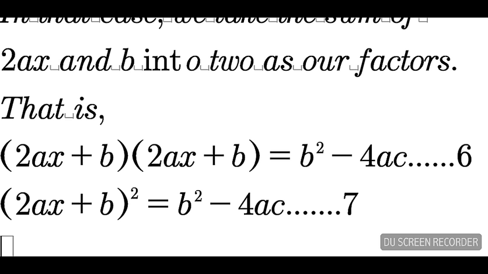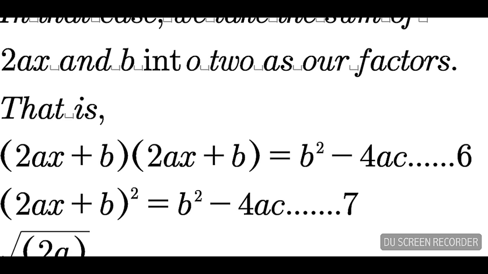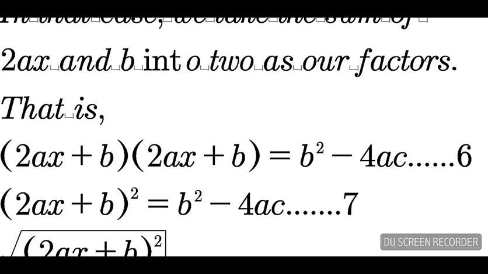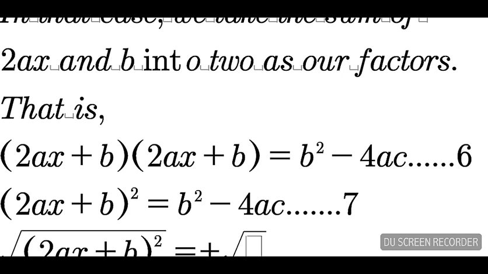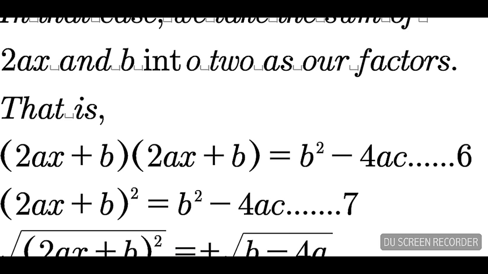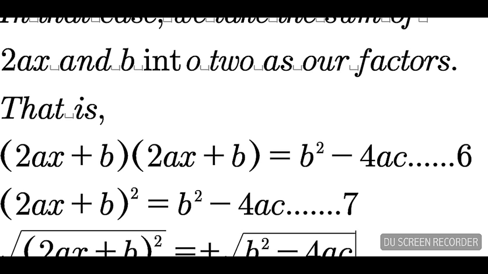Doing that, we have the square root of 2ax plus b raised to the power 2 is equal to plus or minus the square root of b squared minus 4ac. Call this equation 8.